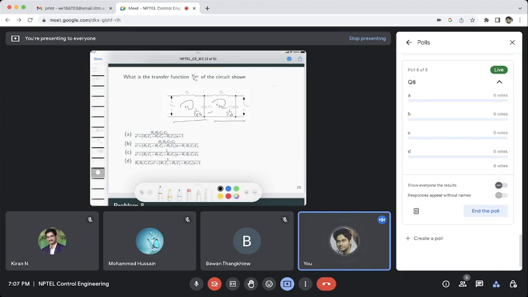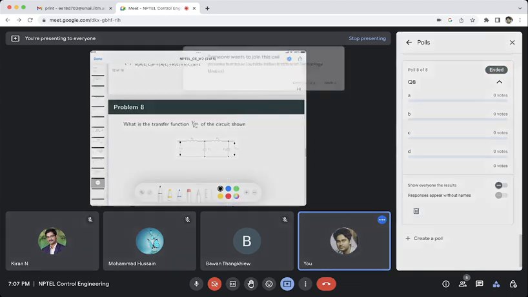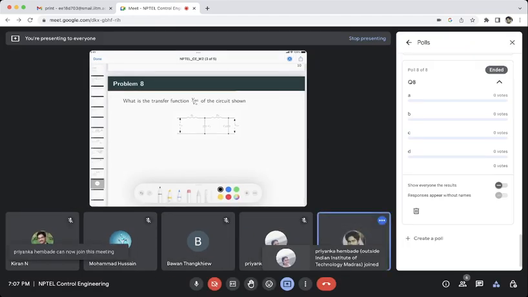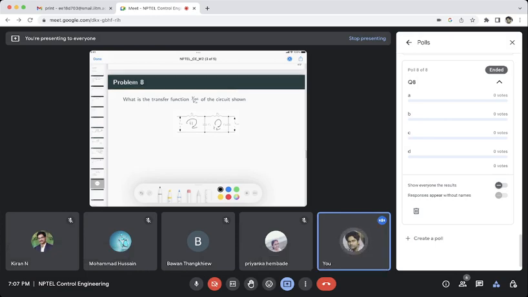So let's write this. Take two currents, I1 and this way I2. I just write in the frequency domain directly. You can also write in the time domain and then take the Laplace transform.